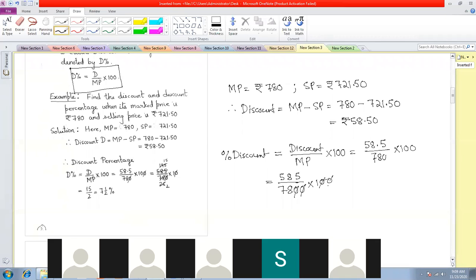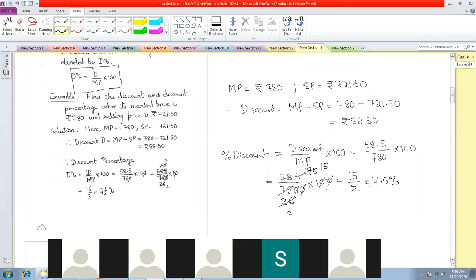Both the zeros cancel here. You can cancel this with 3, and you can cancel with 13 also. 50 by 2, so this comes to 7.5%.